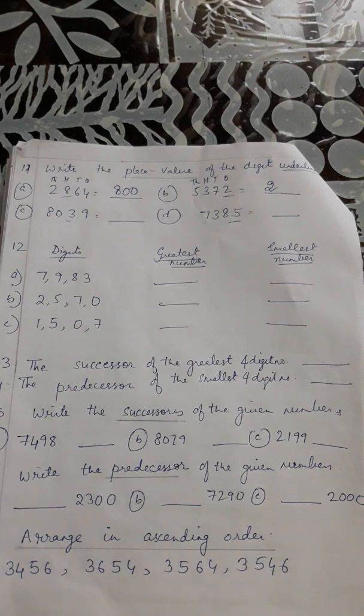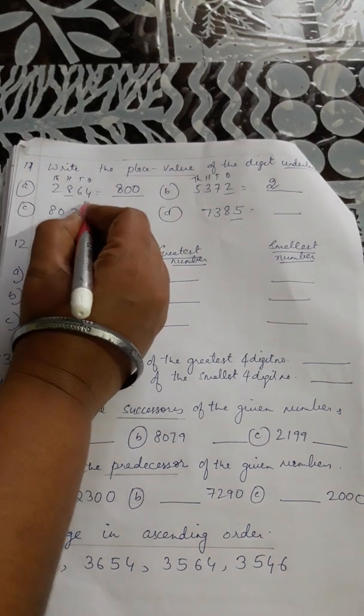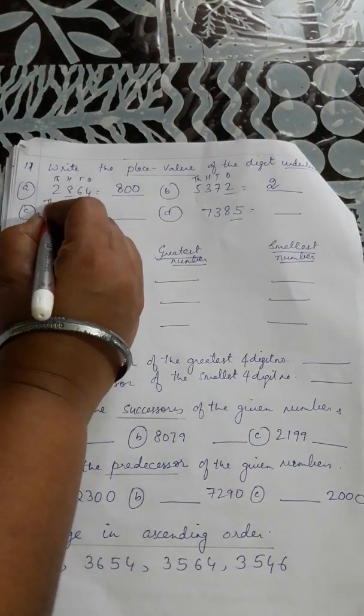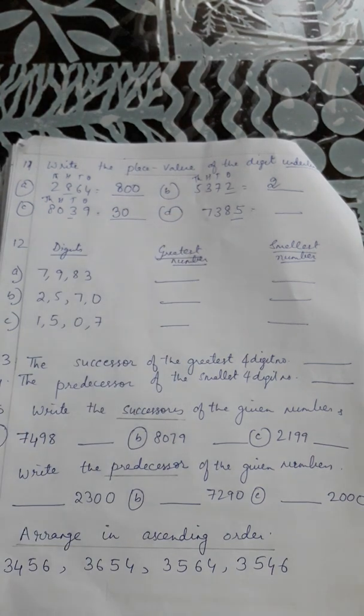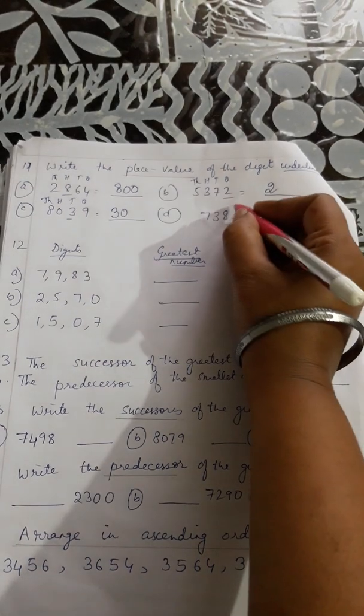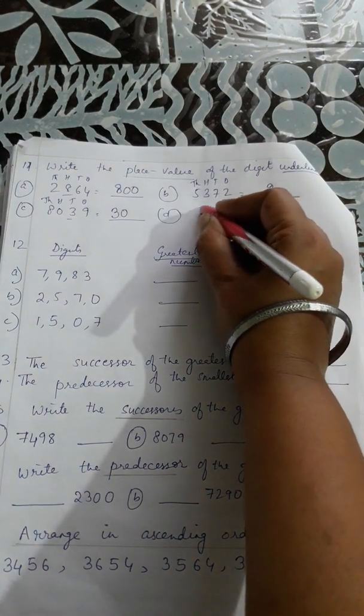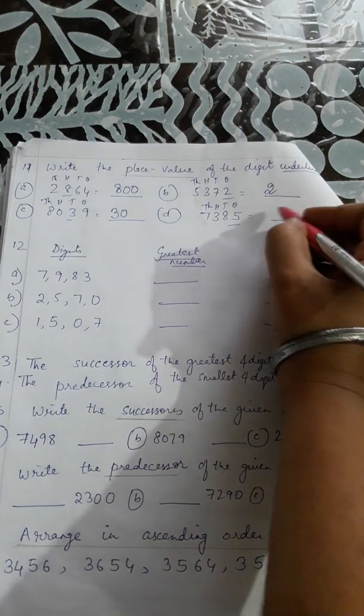What is the place value of the digit 3? It is under tens, so it will be 30, 3 tens or 30. Next, 7385. What is the place value of 5? It is under the ones, so it will be 5.